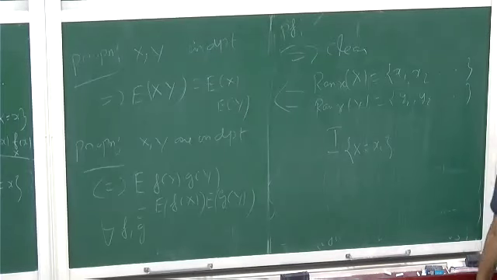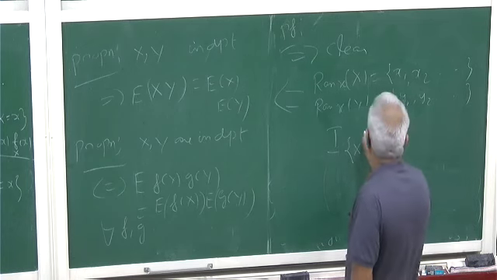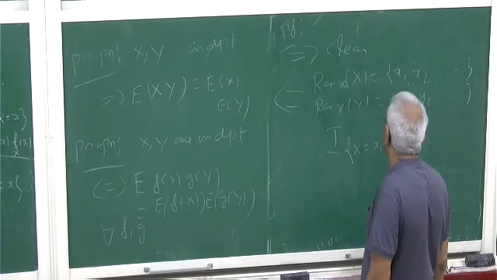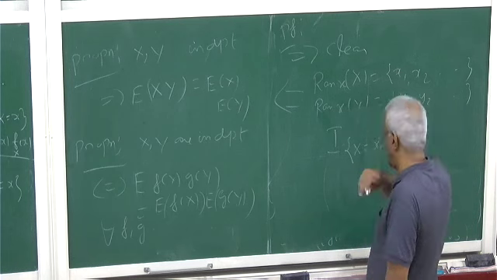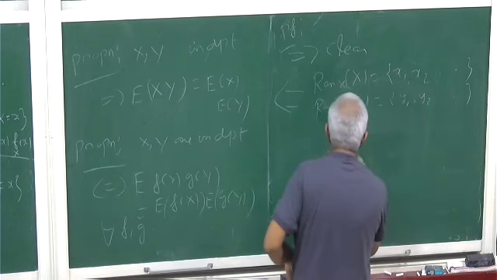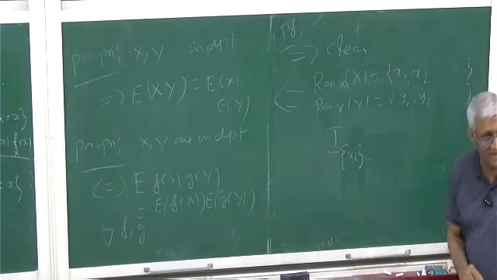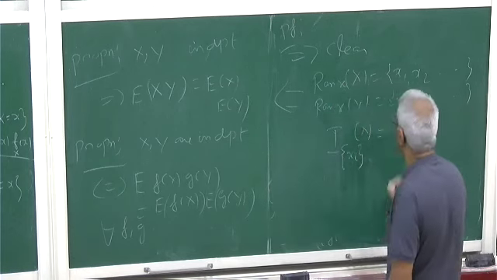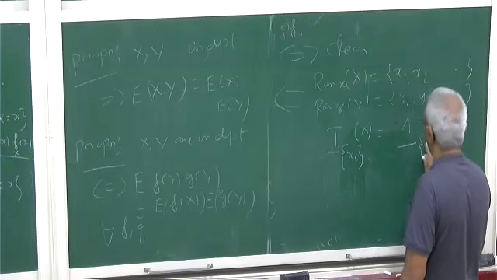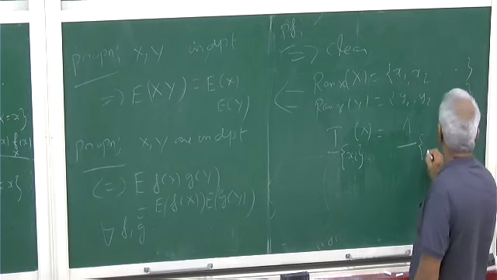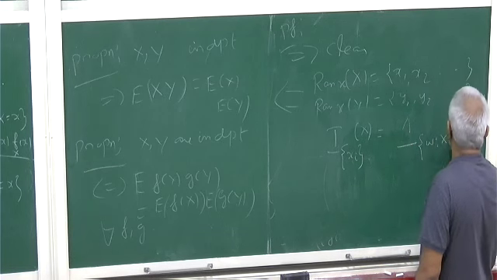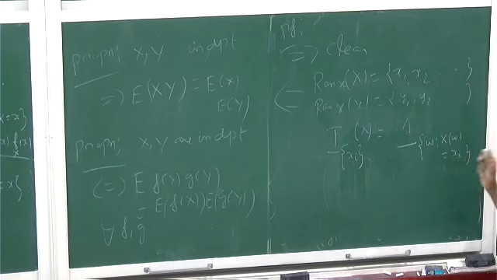The indicator function of the singleton xi of X equals the indicator function of all those omega such that X of omega equals xi, which is X equal to xi. I'm writing it so that we will see the proof.